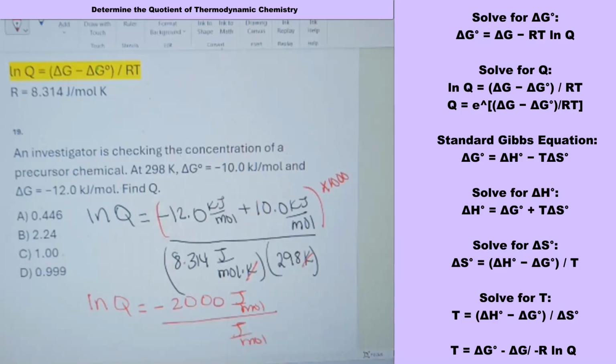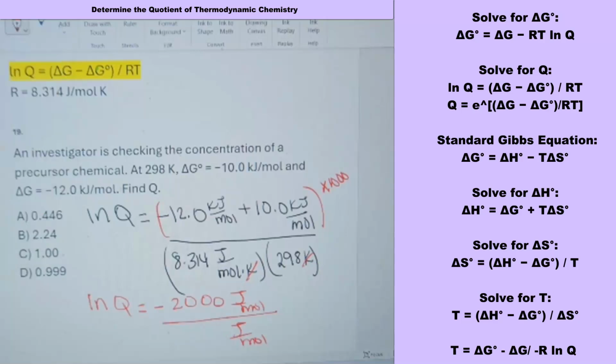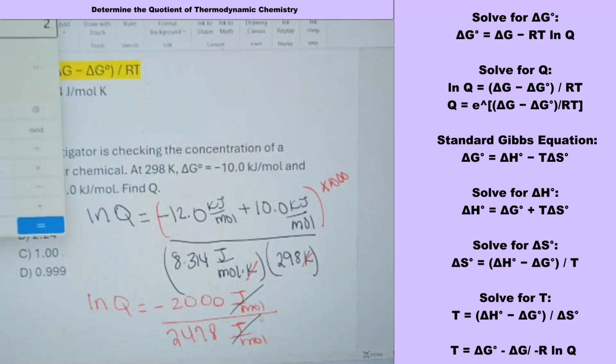Let's multiply that: 8.314 times 298, we get 2478. Now let's divide the 2,000 by 2478, and you get 0.807.